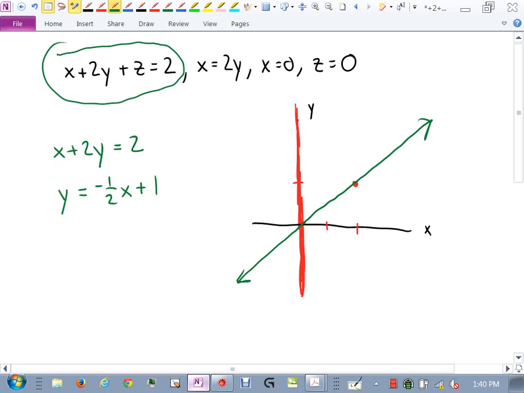Of course, z has been flattened down, but that'll look like a line in the two-dimensional space here. And it has a y-intercept of 1 and a slope of negative 1/2, which means down 1 over 2, something like that, right? Do y'all see this? Agree with this? Any issues? Okay, so I'm going to graph that down 1 over 2 like that.